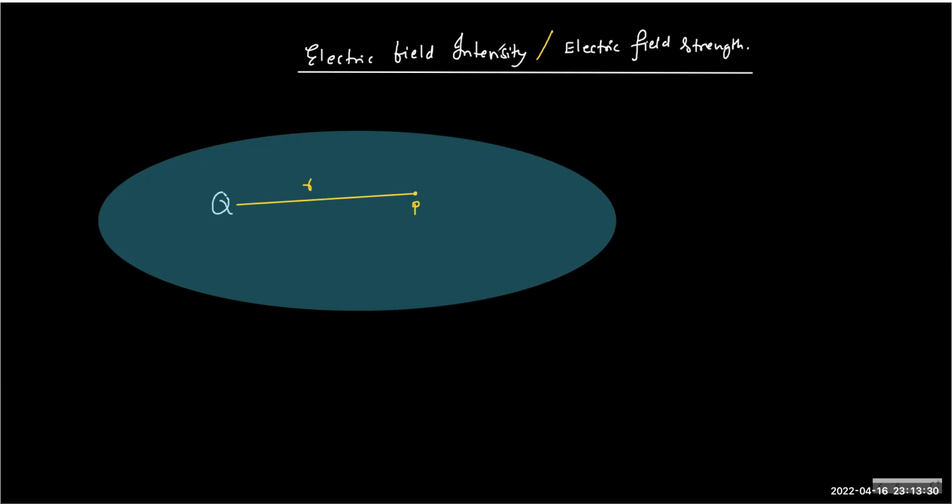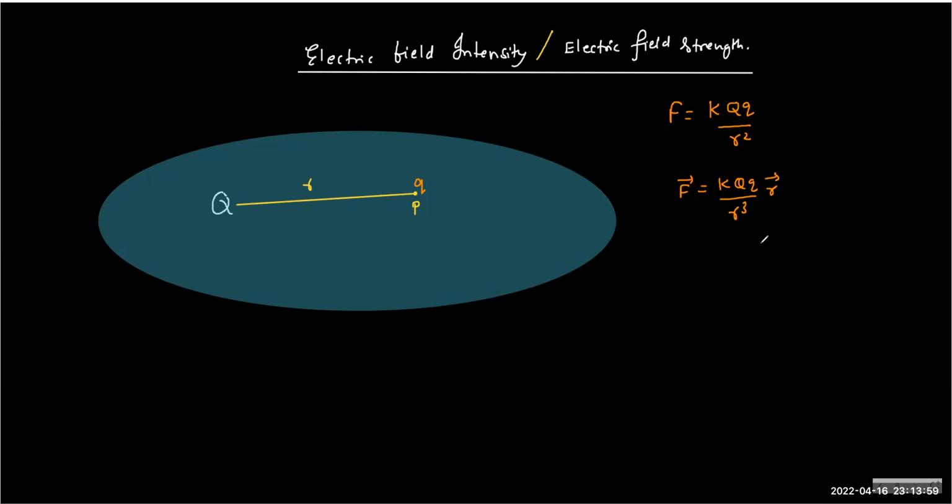The whole idea is let's bring some test charge q at the location P and calculate the force. The answer will be KQq by r square, or in vector form you can write KQq by r cube into r vector.